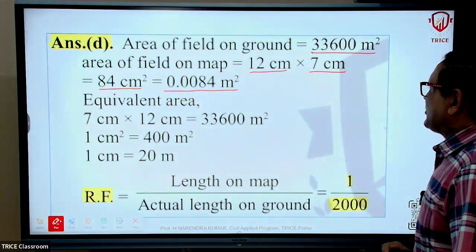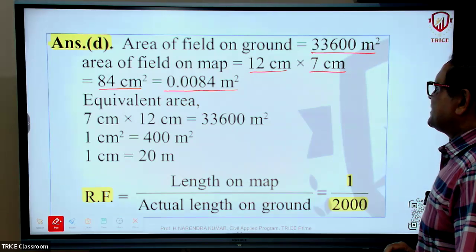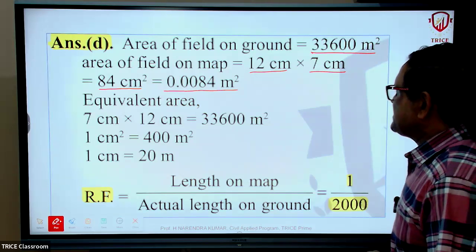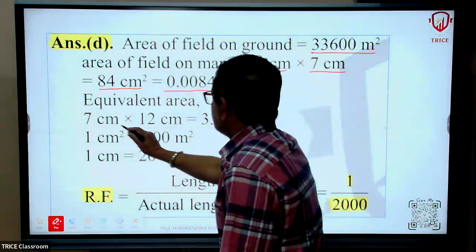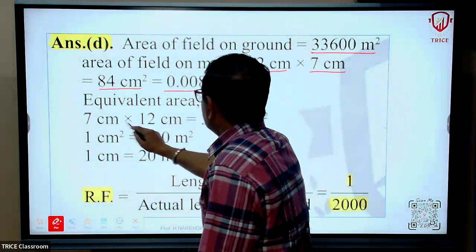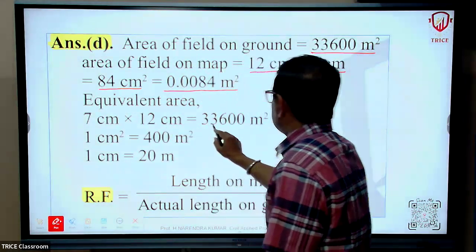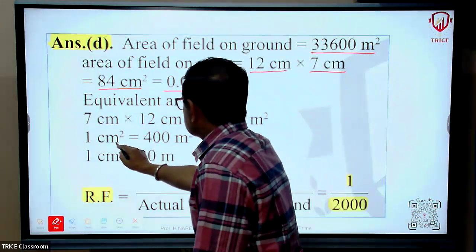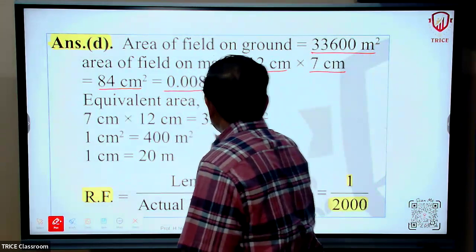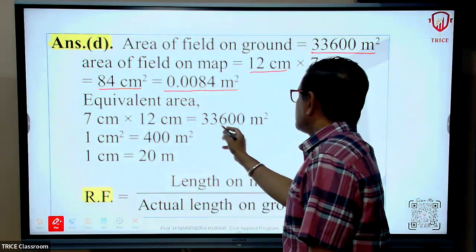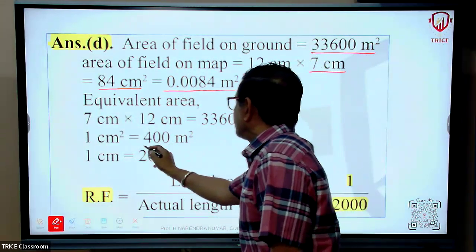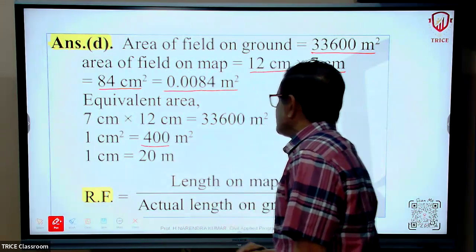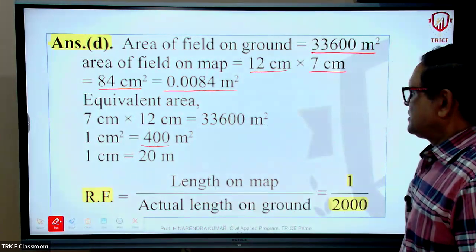So I can easily calculate the area now. So what is the equivalent area? So 7 multiplied by 12, that is centimeter into centimeter, is equal to 33,600 meter square. So 1 centimeter square, this 84 goes to the denominator. 33,600 divided by 84, if you do it, you get the answer 400 meter square.